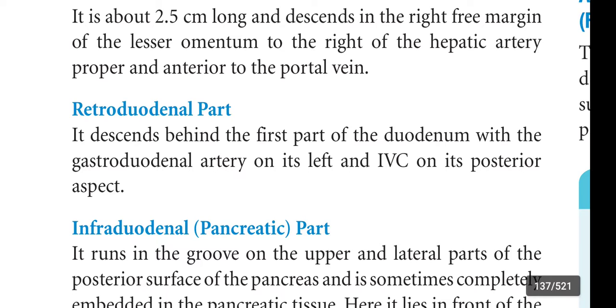Next, retroduodenal part. It descends behind the first part of the duodenum, so we call this the retroduodenal part, with the gastroduodenal artery on its left and inferior vena cava on its posterior aspect.